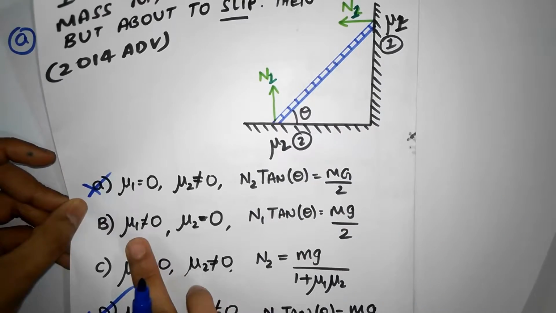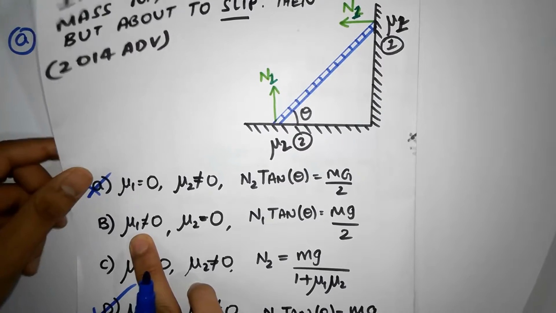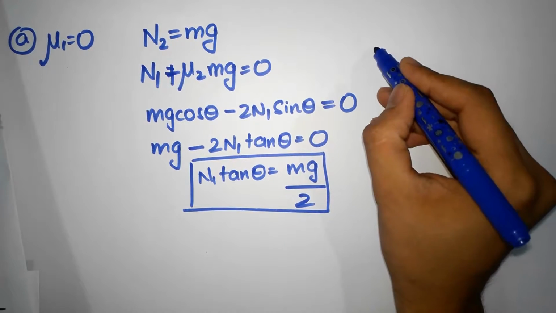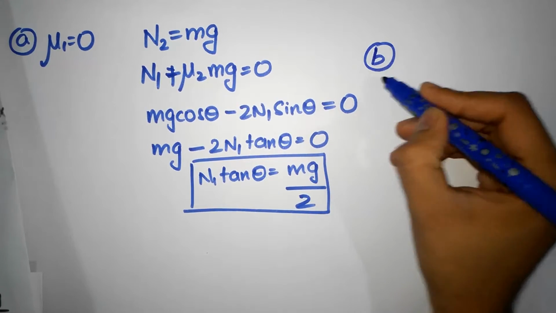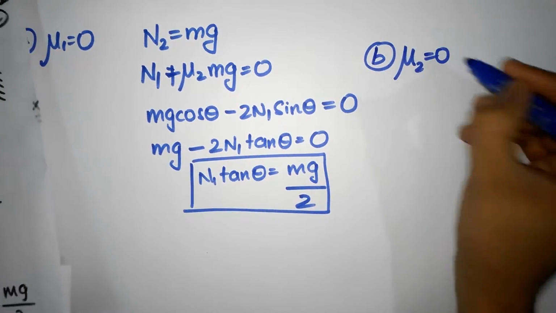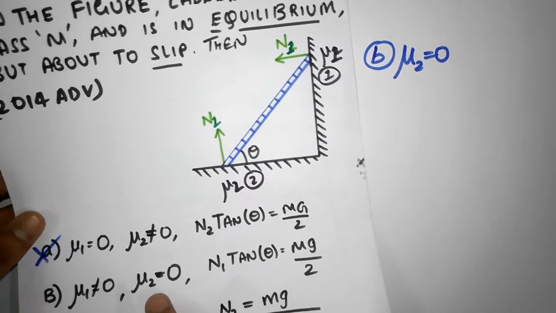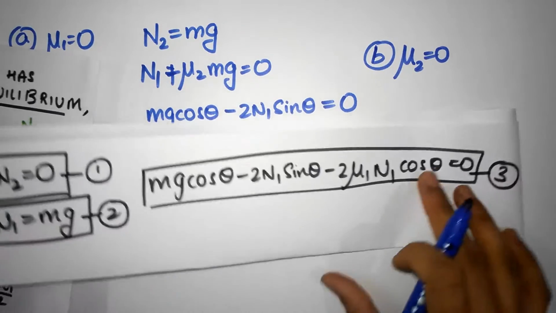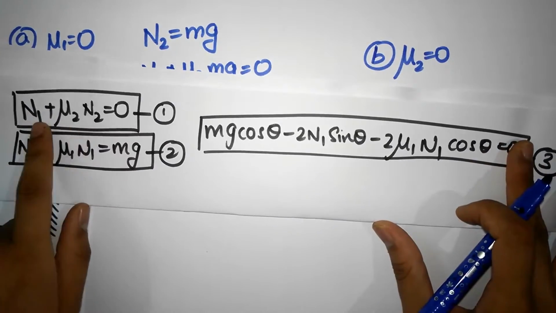Okay, but we have other options to check as well. We have to check now what happens if mu2 equal to 0. Let's try over here. We'll put mu2 as 0. What happens to our equations when you put mu2 as 0? Well, n1 goes to 0.